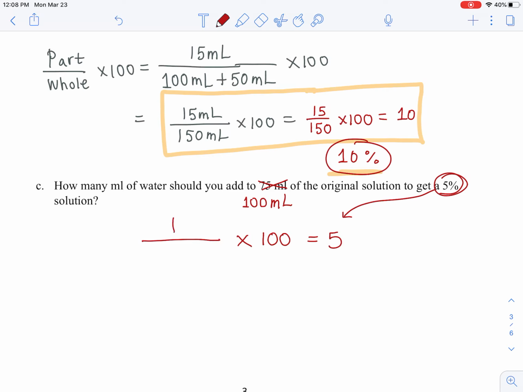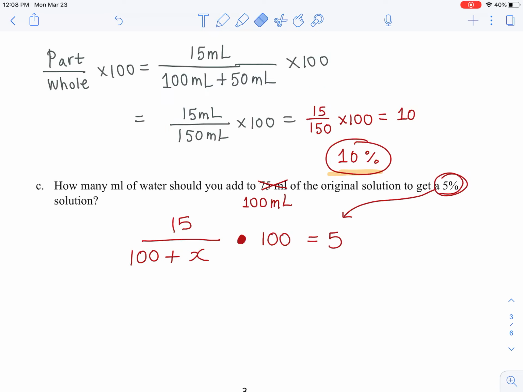The fraction is going to be 15 over, well, the chemical is still the same. But remember, we start with 100 milliliters in the beginning, and then we're going to add X amount of water in there. My X and multiplying symbol look confusing, so let me just change this to a multiplication dot. Okay, so now that's what we have. Do you see how this is similar to what we were doing above?